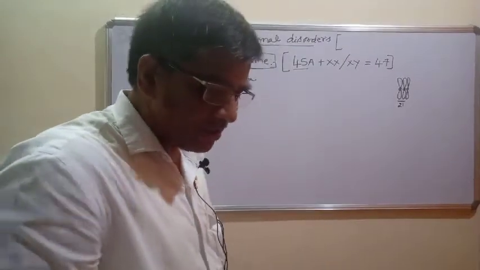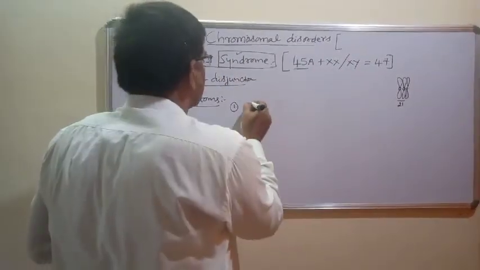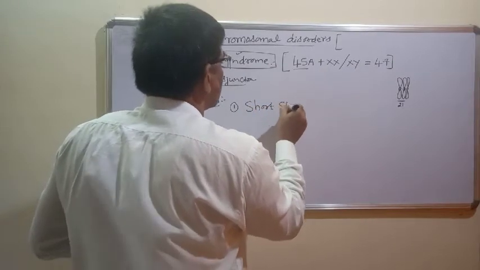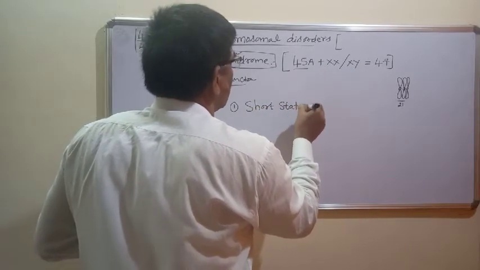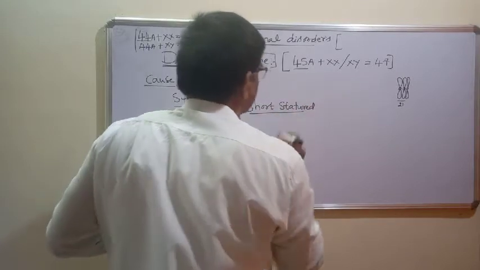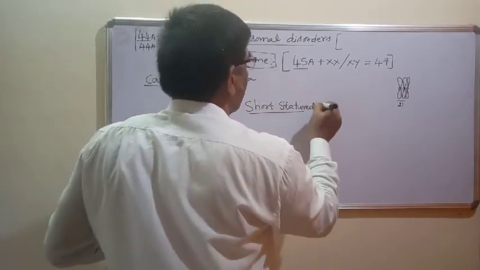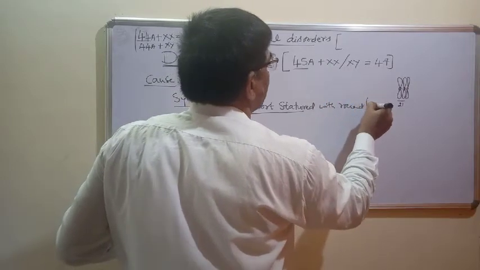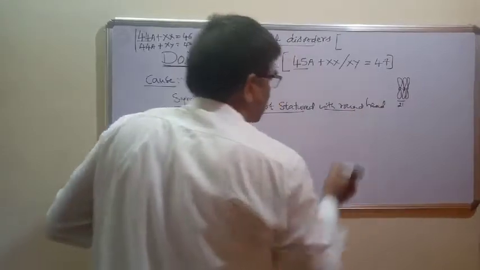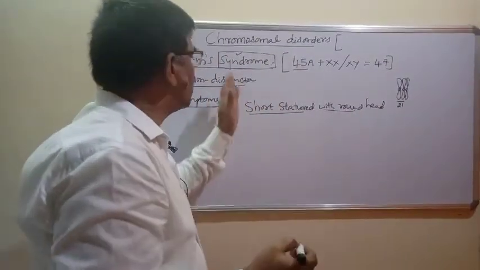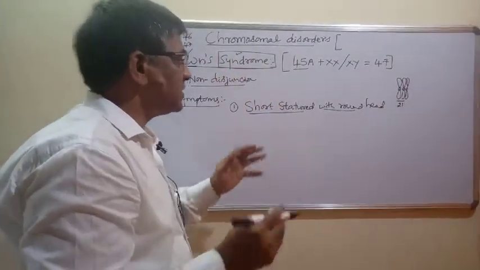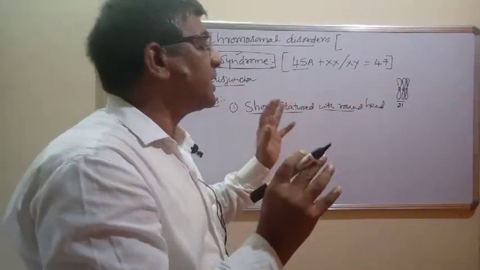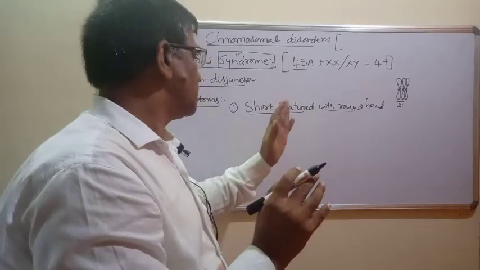Now, in Down syndrome, mainly the affected individual has short stature. Short stature means they are short, with a rounded head. Some scientists who observed this disease explained that the face and head are almost round, like a full moon.